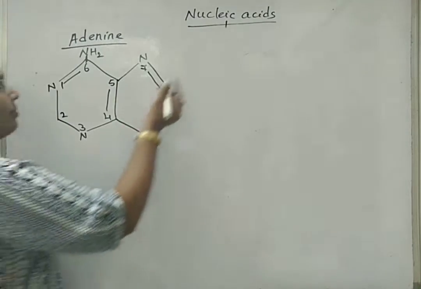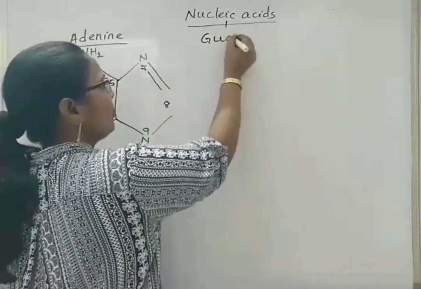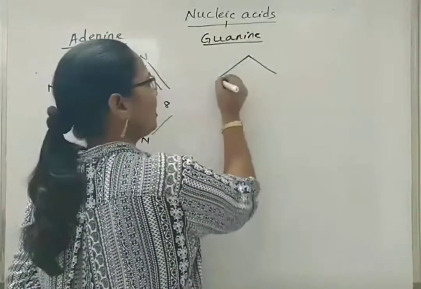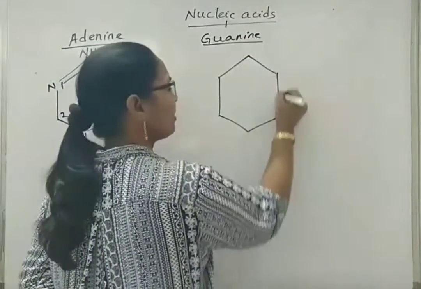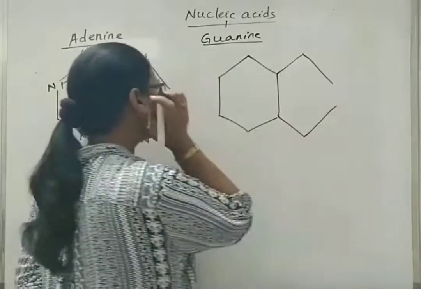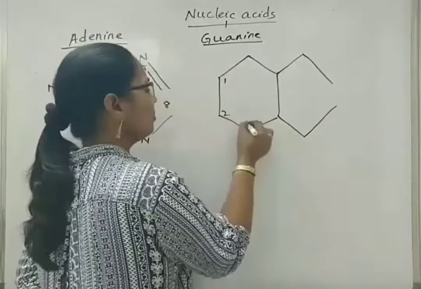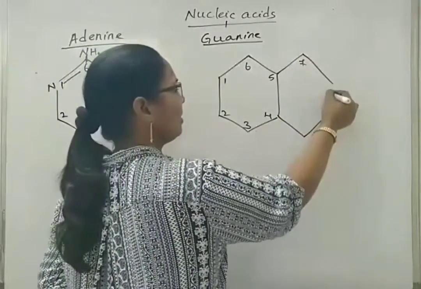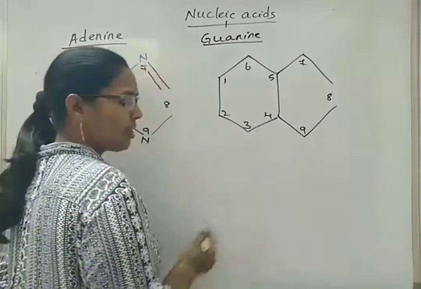Now, next is guanine. Again we will draw two rings, since purines are dicyclic in nature. 1, 2, 3, 4, 5, 6, 7, 8, 9 positions.